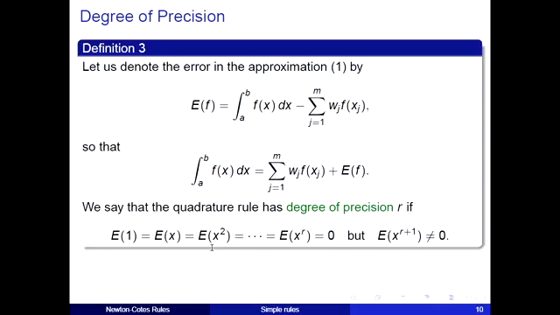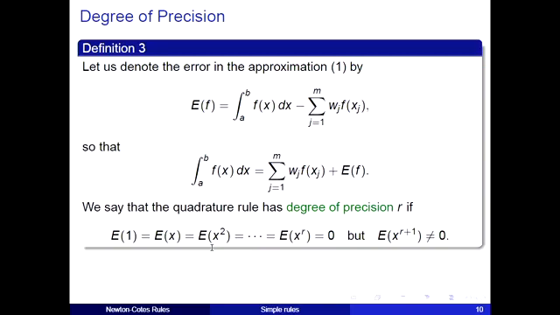Suppose I have a polynomial like a0 plus a1 x plus a2 x squared up to ar x to the r, and this one is P. Then the error of P is just a0 E(1) plus a1 E(x) and so on, because the error is linear.